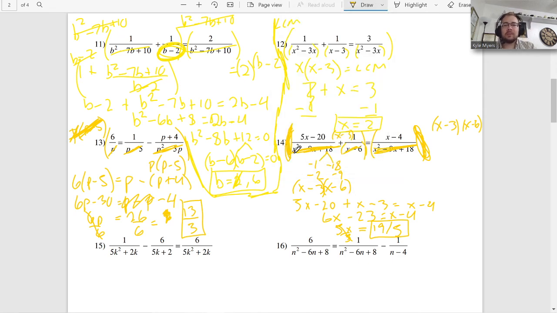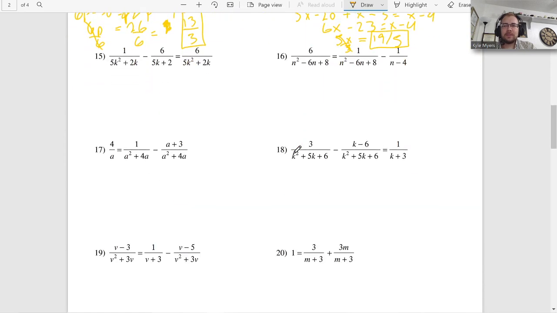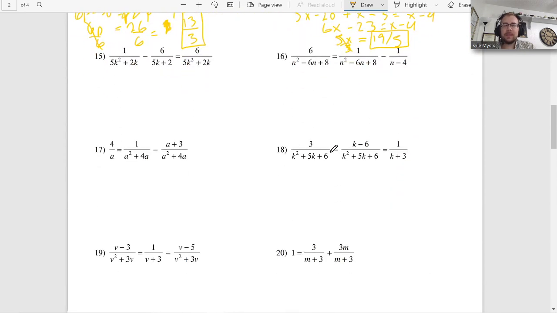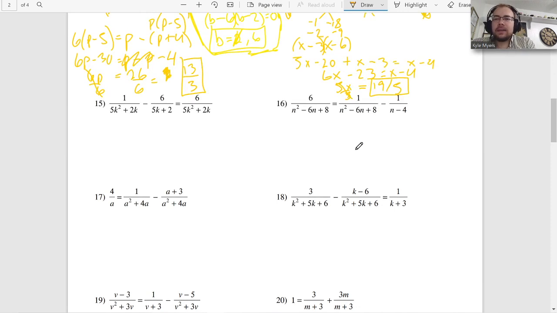And we're actually almost done because we're getting like harder and harder questions here. So if you look, we've got 6 more. That's not bad. All right, so let's go ahead and figure out what the LCM is. It looks like it's going to be, if we take out k, 5k plus 2. Oh, there we go. So it's k, 5k plus 2. So we want to multiply that. That's the LCM.